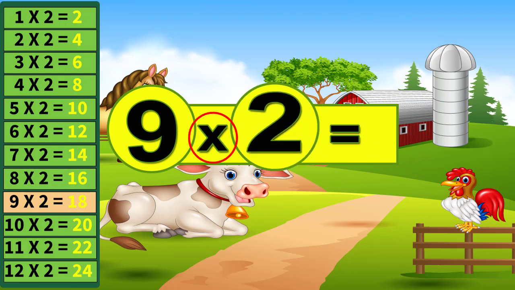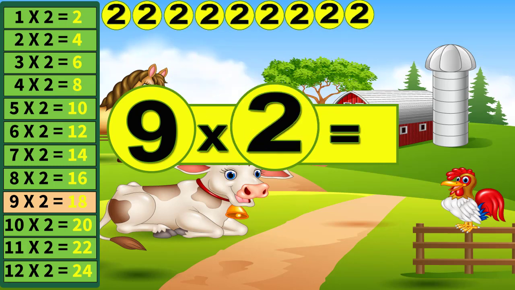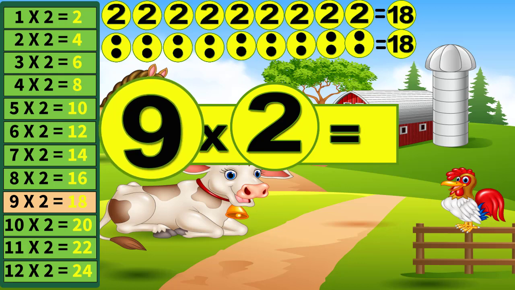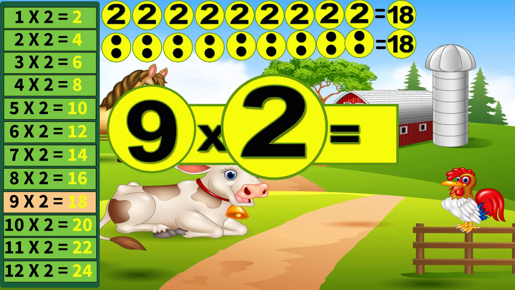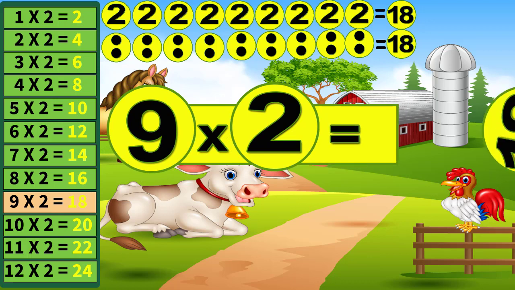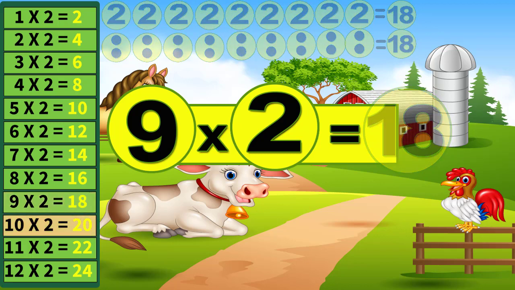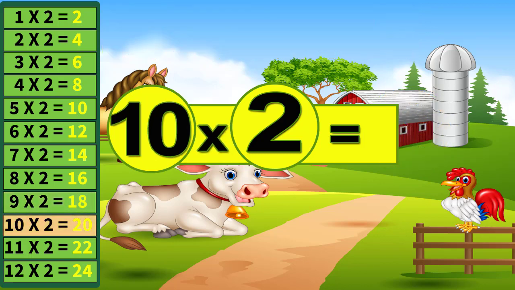Great! Next is 9 times 2. Times meaning 9 of. So, we add all of the 2's together, and we have 18. So, 9 times 2 equals 18. Next is 10 times 2.